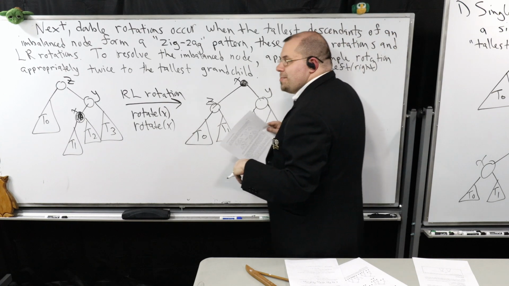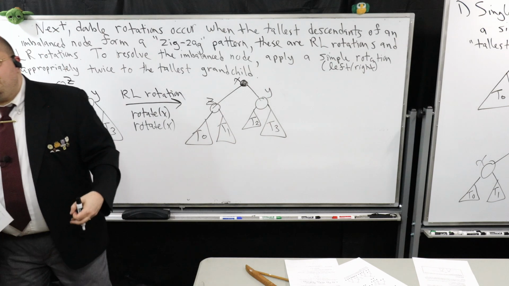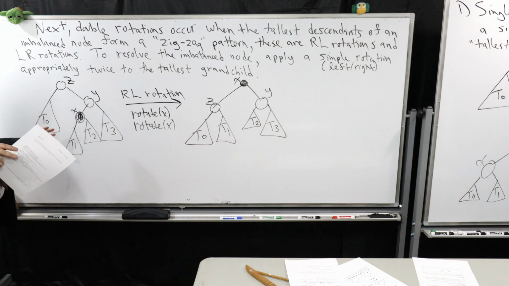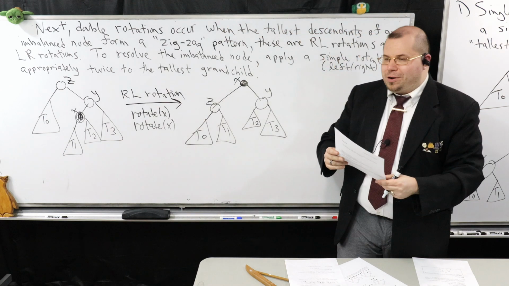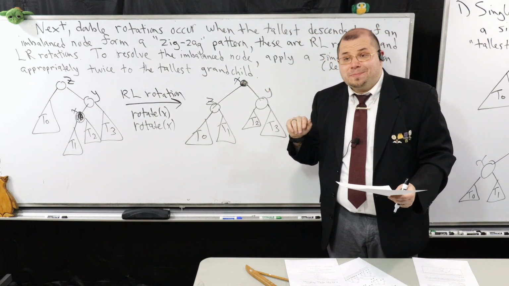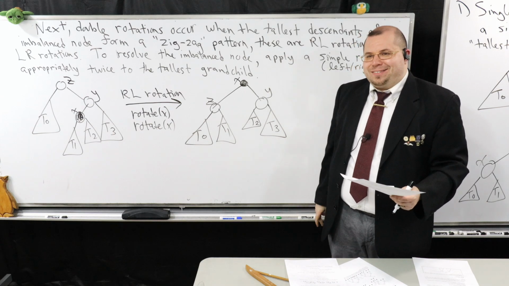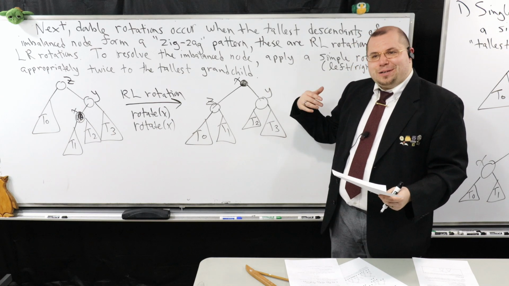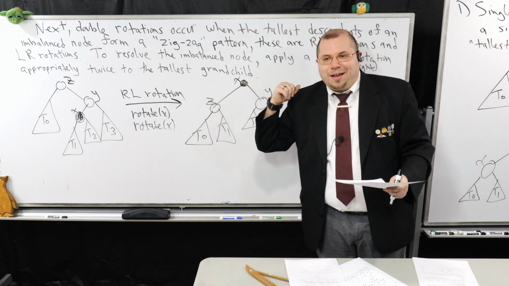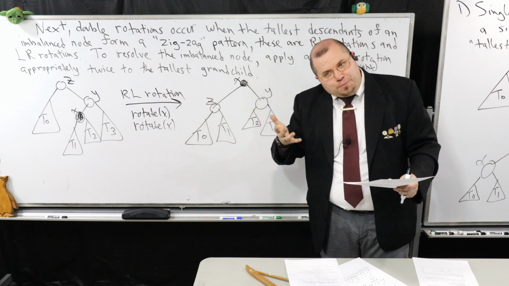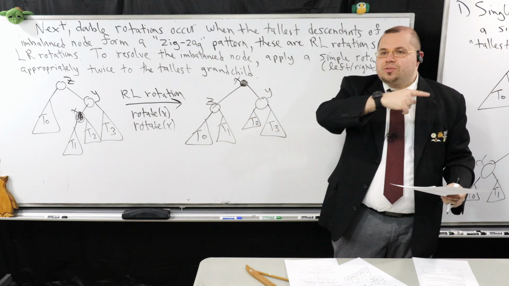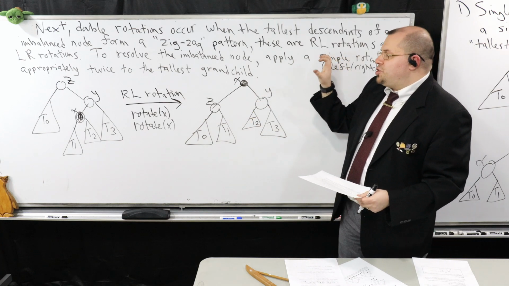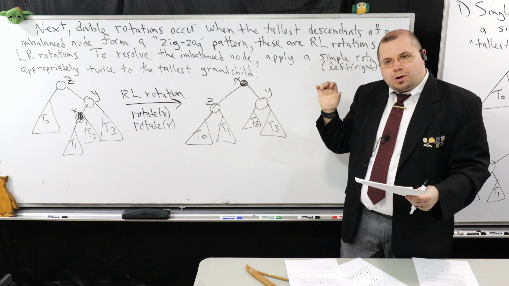One thing I do want to mention from an implementation standpoint is that you could quite literally hard code each one of these rotations and do all the pointer adjustments as I show in this picture. Or you can simply implement the rotate operation and then, in the appropriate case, apply a double rotation or a single rotation, after determining if it's an RL or an LR rotation.